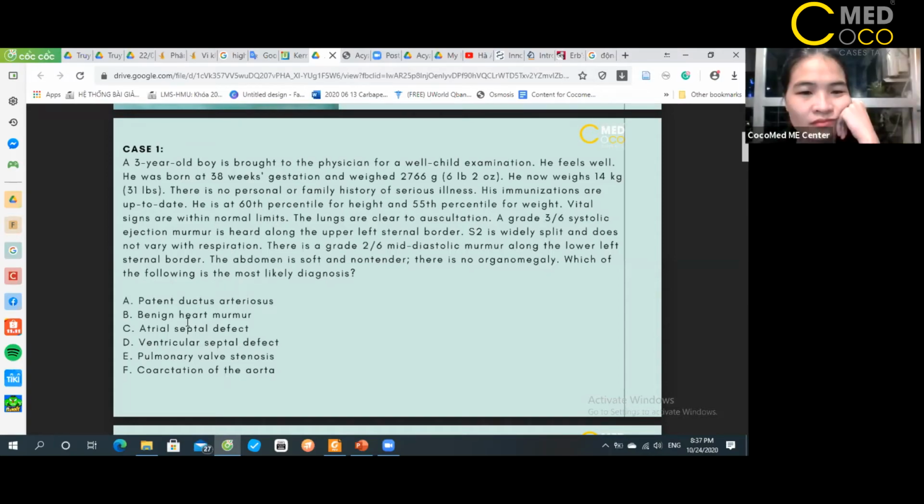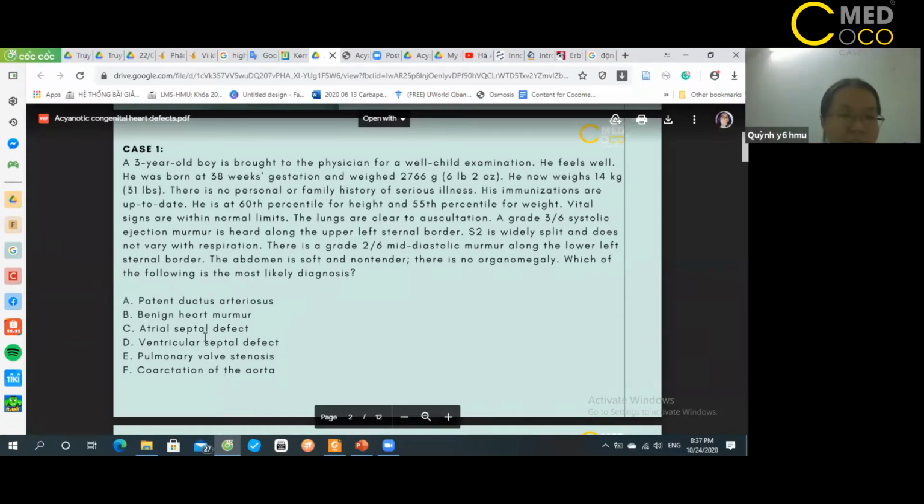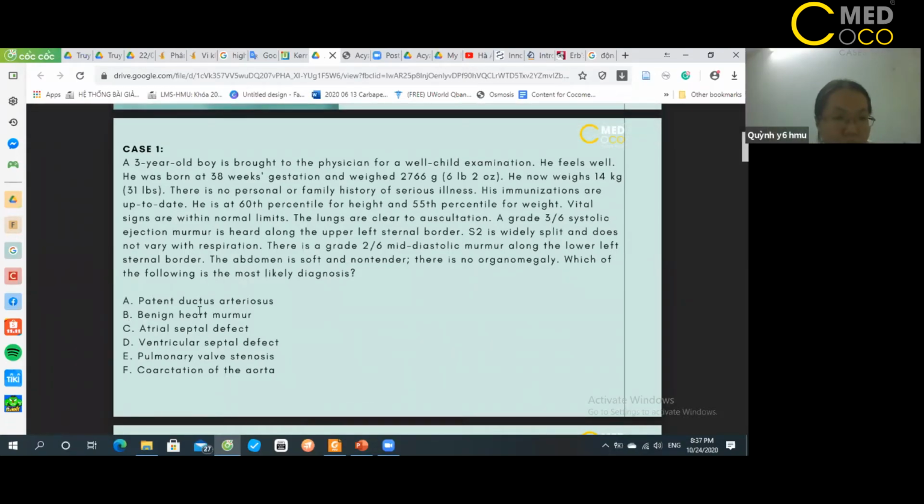So we choose from the six options which defect can create the first thing: the stenosis of the pulmonary valve and the tricuspid valve.